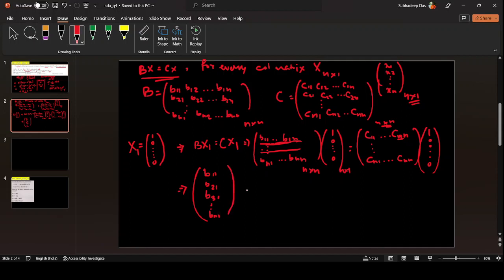We get this from the left hand side, and for the right hand side also we get C11, C21 up to Cn1.